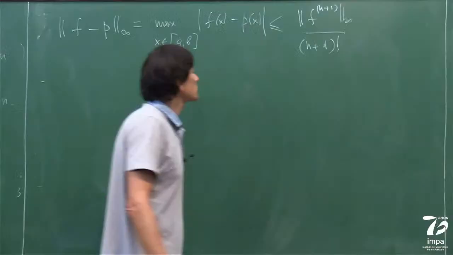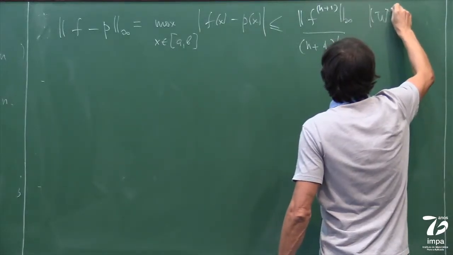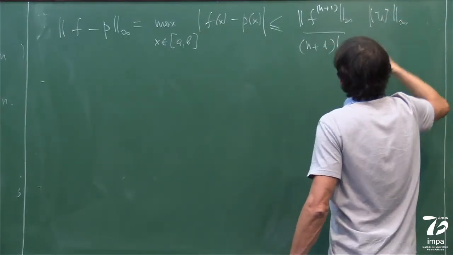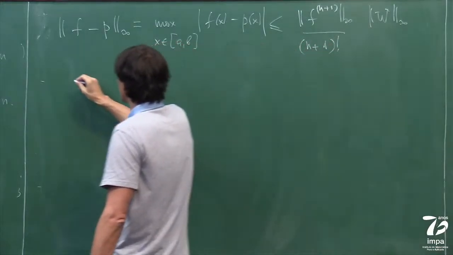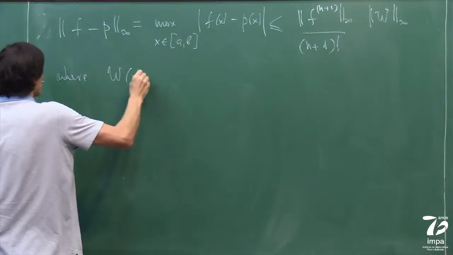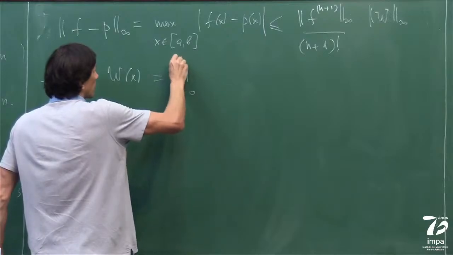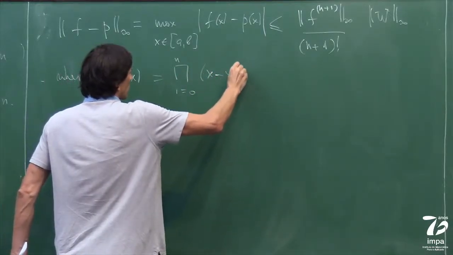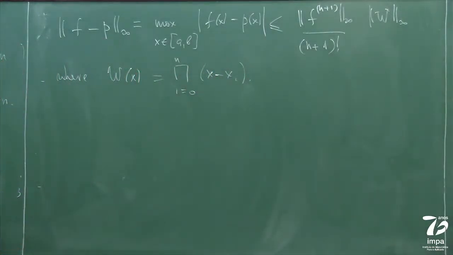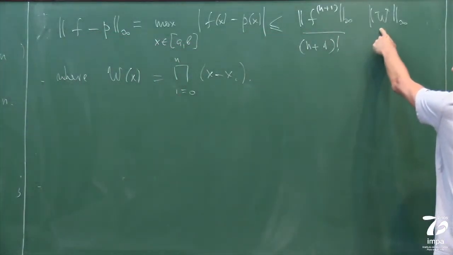And the maximum of the expression can be written also as a norm, where W is this polynomial. So this is a function, and this is just the maximum value in this interval.